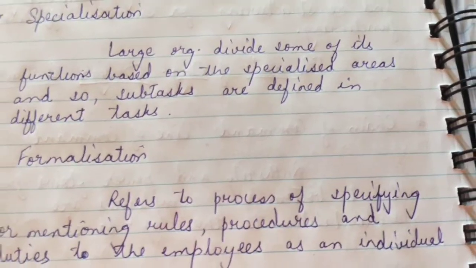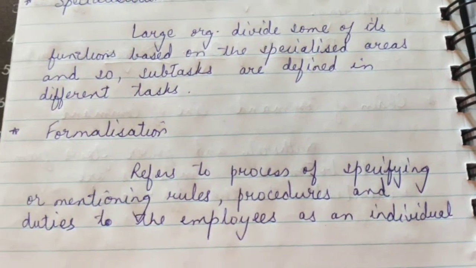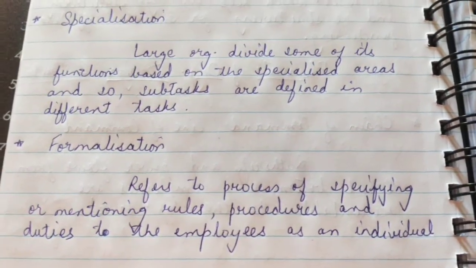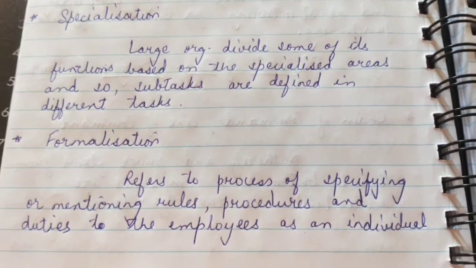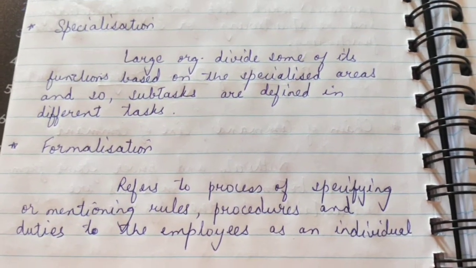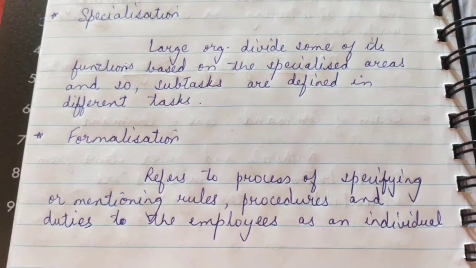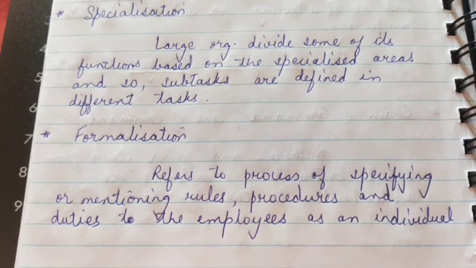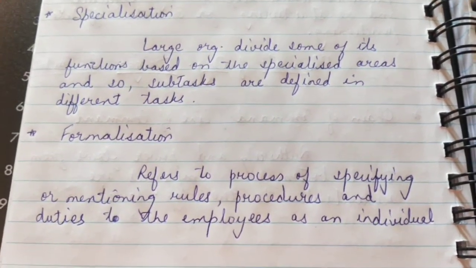Formalization, as the name suggests, it is something when you do something in a written form. मतलब एक ऑफिशियली हम कुछ लिख दें, लिख कर किसी को इन्फॉर्म करें, ड्यूटीज़ दें, या जब कोई नीचे सबॉर्डिनेट्स तुम्हें इन अ रिटन फॉर्म तुम्हें प्रेजेंट करे, कुछ भी, एनीथिंग दैट इज़ इन अ फॉर्मलाइज्ड फॉर्म, दैट इज़ फॉर्मलाइजेशन.